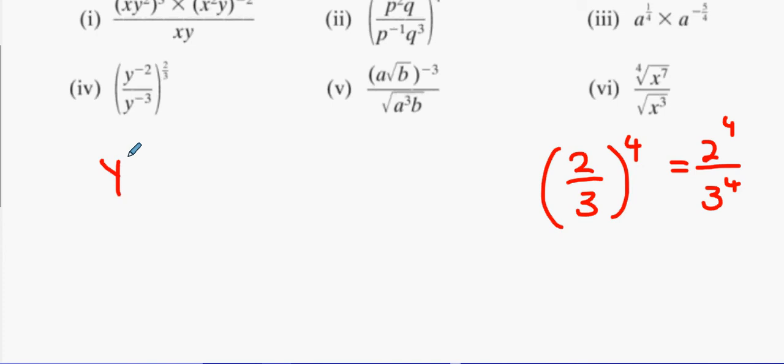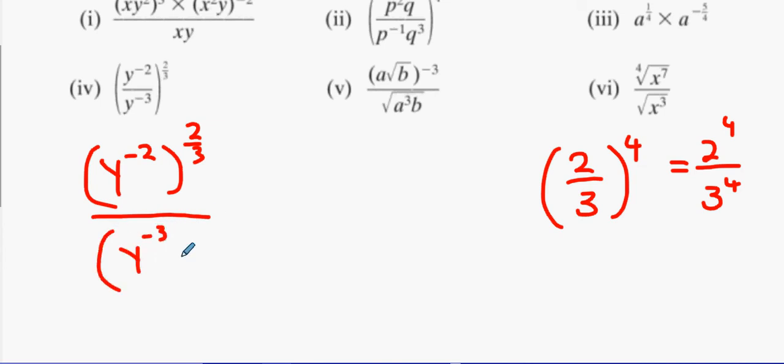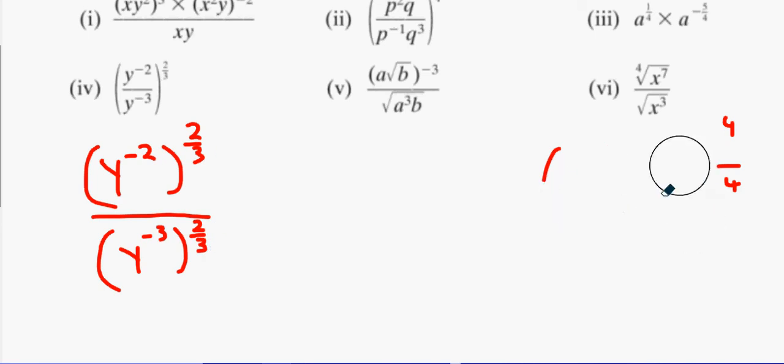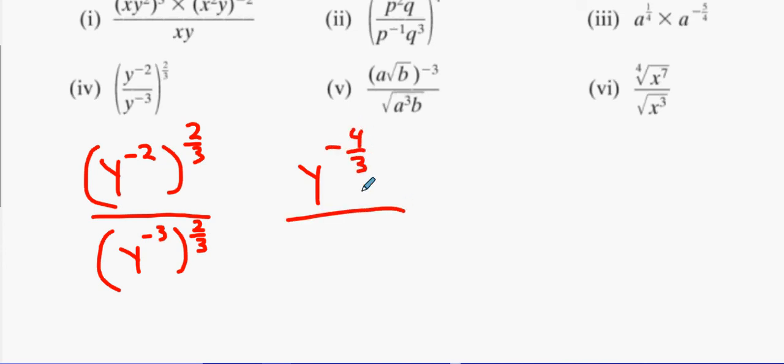It's going to be y to the minus 2 to the power of 2/3, and then on the bottom, to the power of 2/3. There's actually more than one way to do this, by the way. I'll show you in a second. Now, what's minus 2 multiplied by 2/3? Minus 4 over 3.